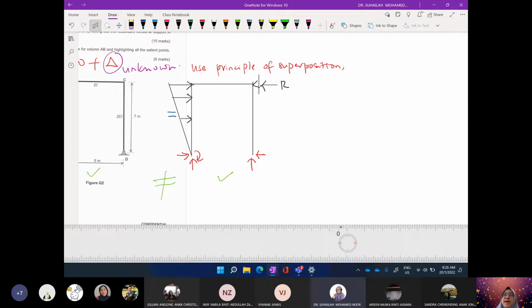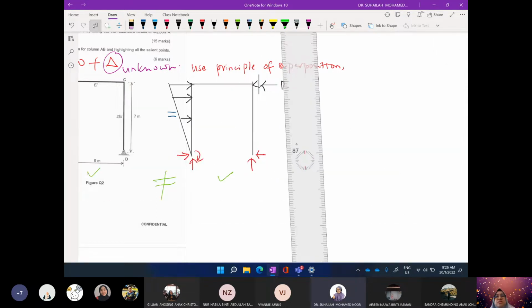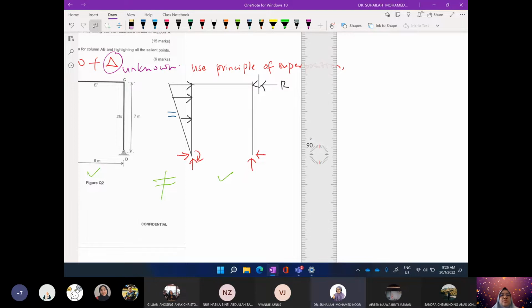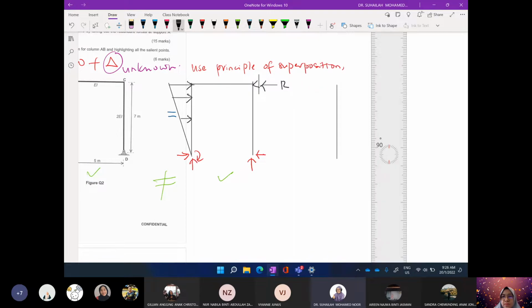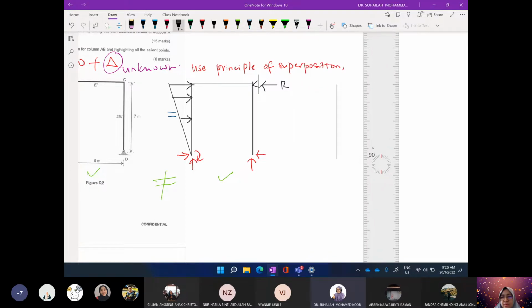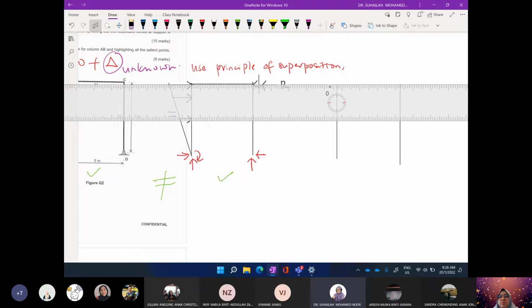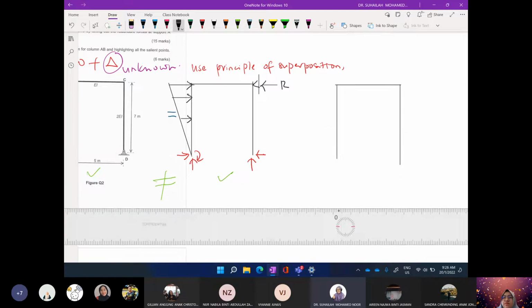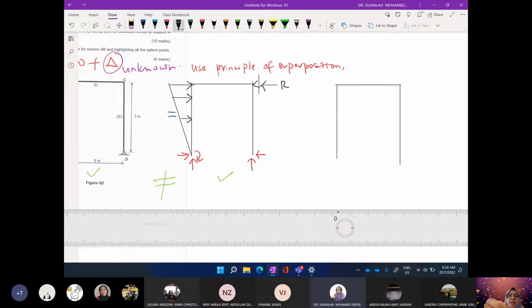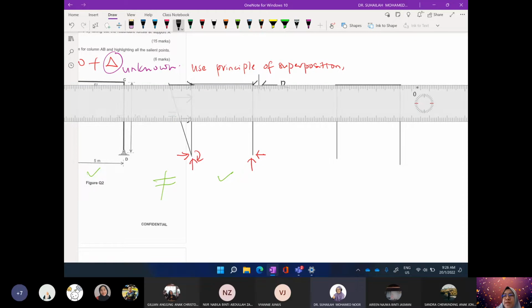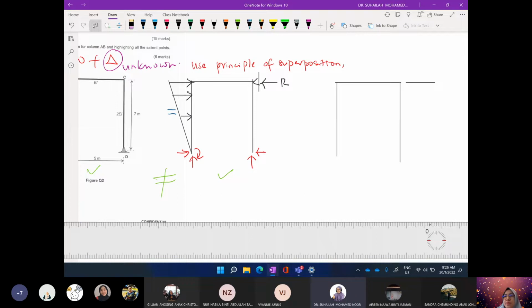Okay, because we need to neutralize the R. So we need to neutralize the R, so we have to add another frame. Another frame like this. So here we have to put R but in opposite direction.